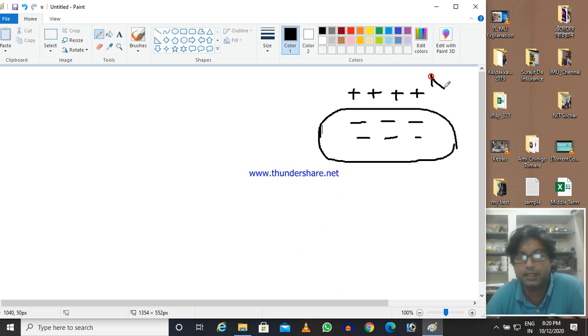On the outer side of the cardiac myocytes there are sodium ions, and normally inside are the potassium ions.